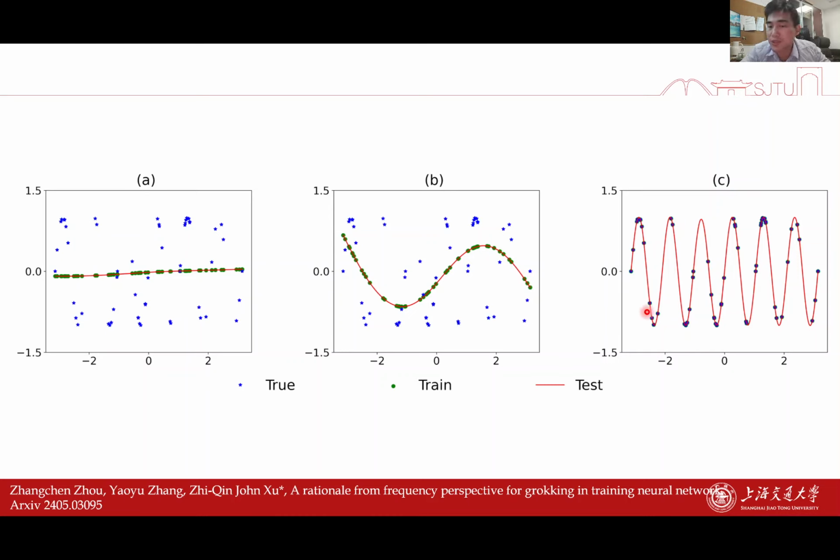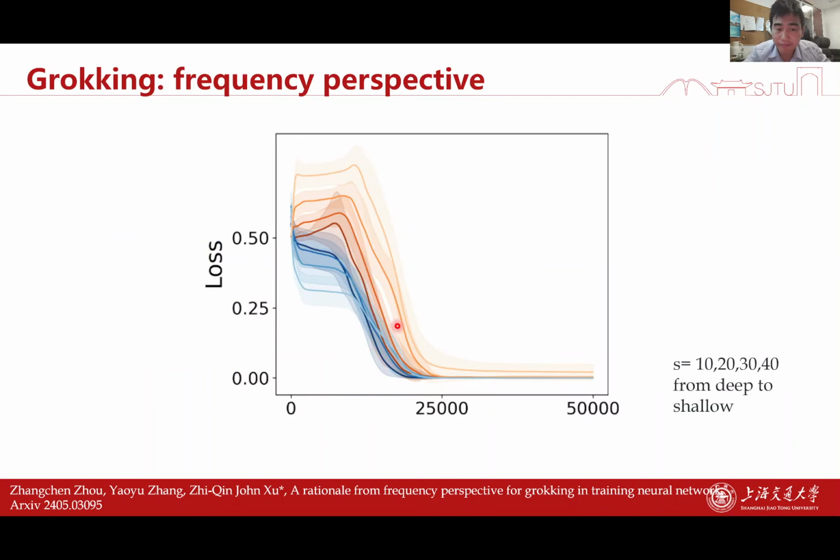So after the training, the neural network output is very similar to this sin 6x function. During this training, we can see that this color indicates how much portion we select from these random data sets.